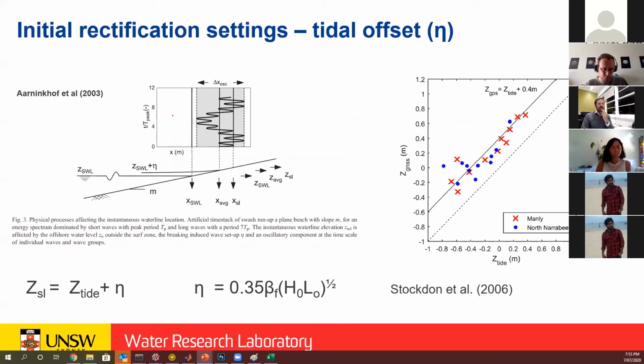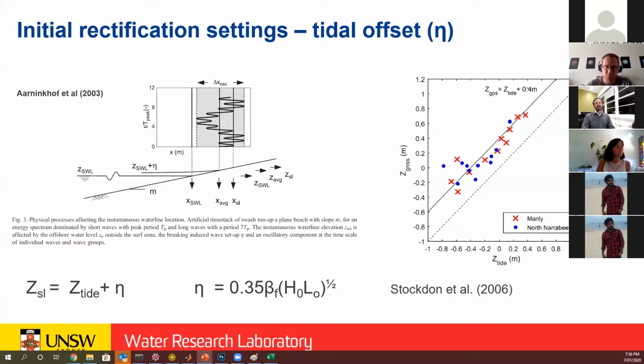So what we find, when we did our experiments looking at mainly North Narrabeen, and this is what we find often with coastal imaging, is that depending on the algorithm, it tends to pick a shoreline above the actual tidal elevation. That's primarily related to wave setup at the shoreline, but it could also be related to the different algorithms having different offsets, but our red minus blue algorithm tends to pick that.